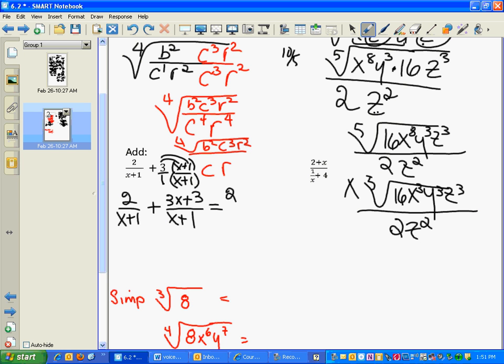So that's 2 plus 3x plus 3 over x plus 1, which is really 5 plus 3x over x plus 1. You can do 3x plus 5 as long as the sign's the same. Okay, next one.